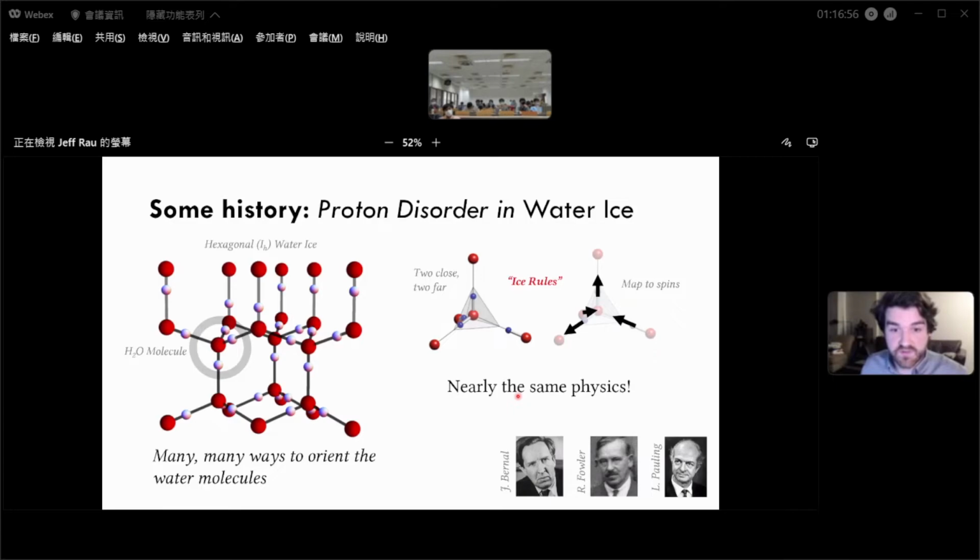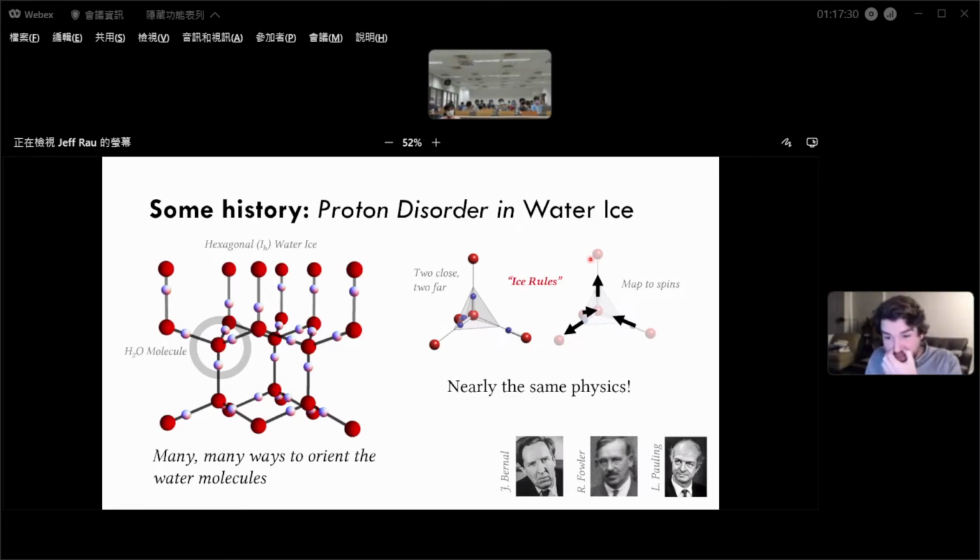If you write out all those configurations, you can see that basically you need to have two directions from the oxygen where they're pointing at the other oxygen, and then two where they're further away. And so you can map these directly to these two-in and two-out configurations that we've been talking about for the Ising variables. So the physics is almost identical in terms of configurations, in terms of that simplest model, but the underlying structural constituents are quite a bit different.